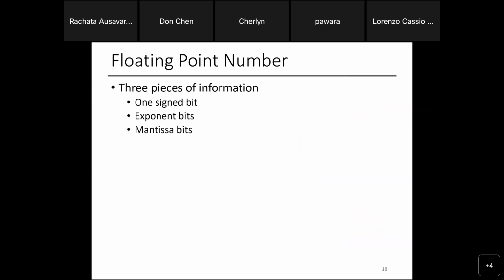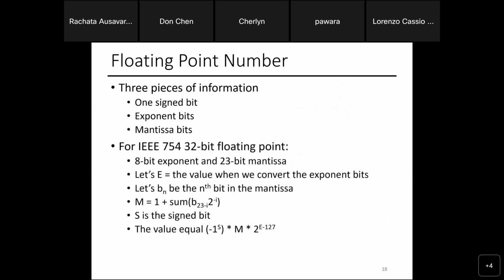Because the last thing is the floating point, which is likely the more complicated one out of the integer, character, and everything, right? The floating point works based on the IEEE 754 32-bit floating point format. The top bit is the sign bit.